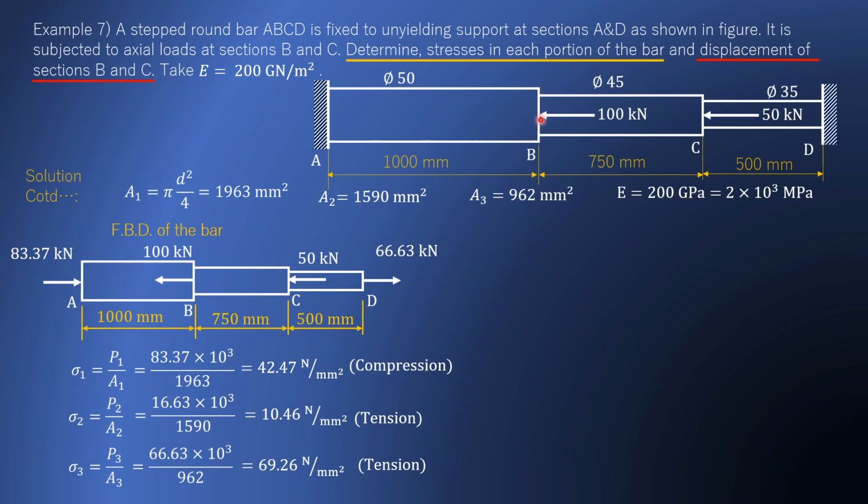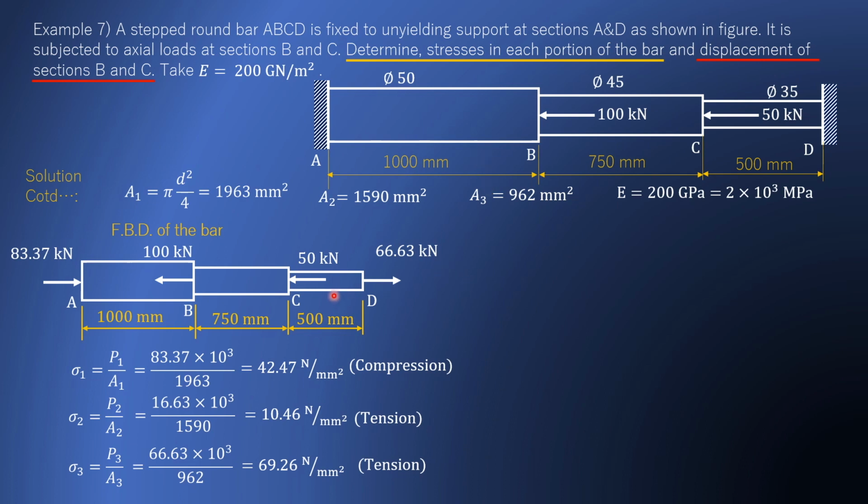But because of elongation or compression of these members, junctions B and C are going to move. Now, what is the force on this part? 83.37 compression. That means this part is in compression, so its length reduces. But A remains in the same position, so B moves leftwards.